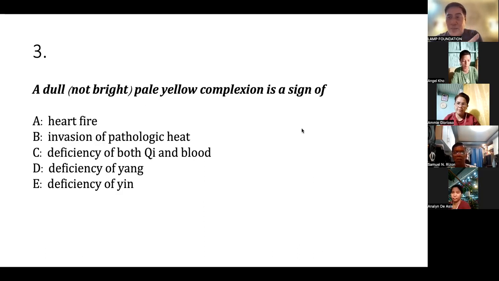I want you to compare a patient with yang deficiency and a patient who has invasion of wind cold or invasion of wind heat. Okay. Sino sa dalawa will feel better pag naglagay ng madaming damit?